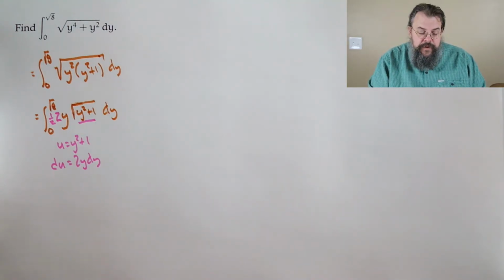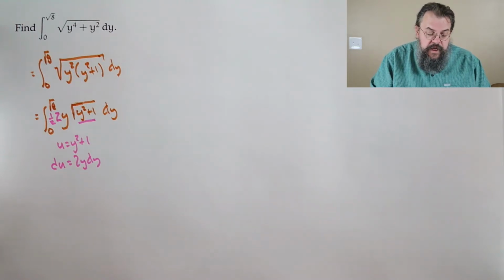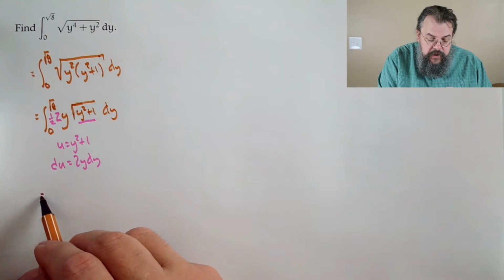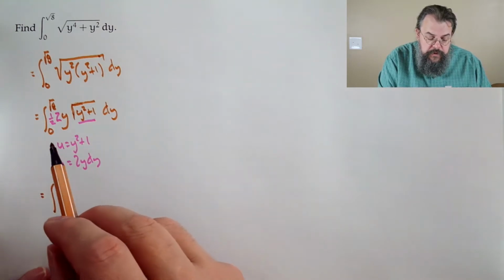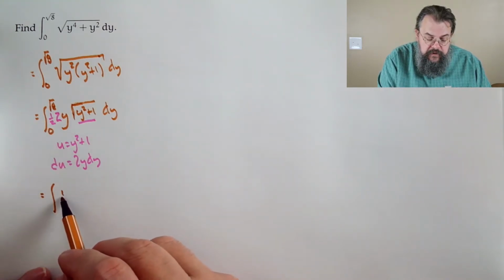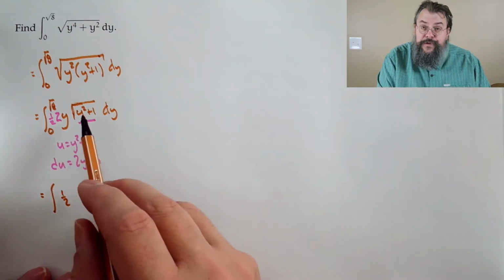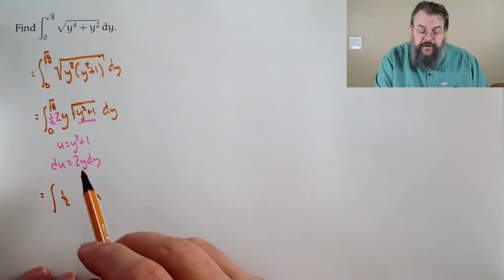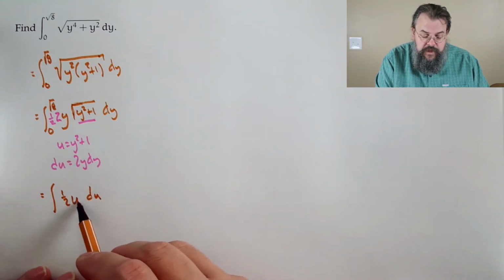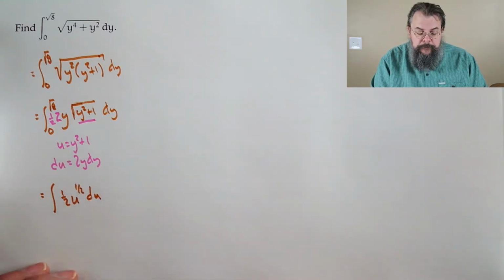So what happens? Well, this becomes the following. This would be the integral from, we'll do the bounds in a second. There's the half. The 2y dy is du, and the square root of y squared plus 1 is the square root of u, but we would write that as u to the half.